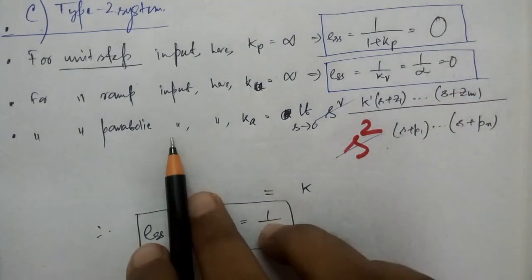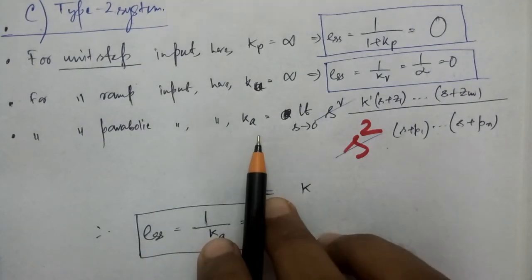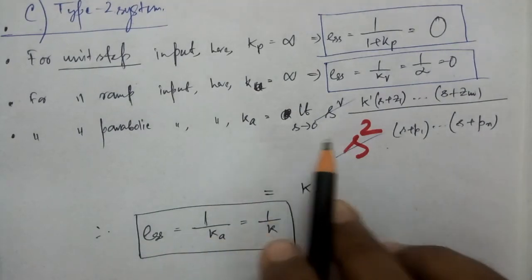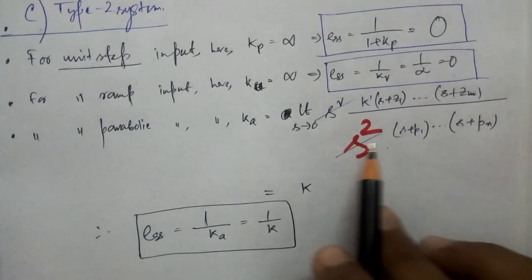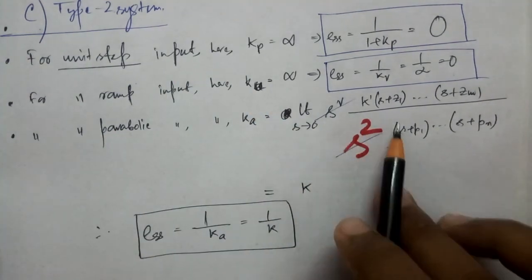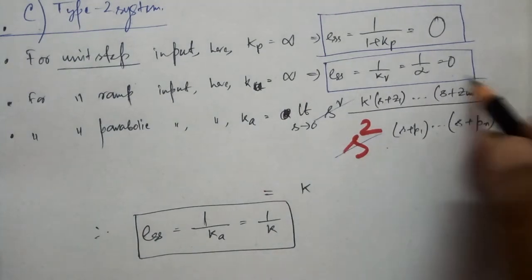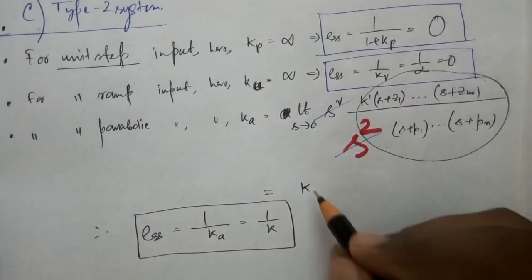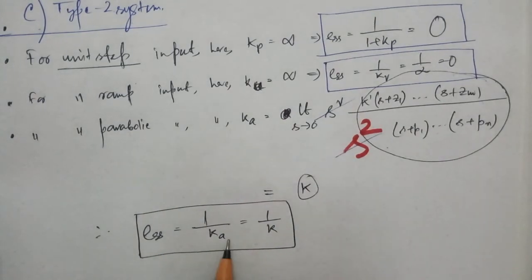Only for parabolic input, that is Ka, it is limit s tends to 0 of s square G(s). In G(s), in the denominator it is s square too. For type 2, at the origin there are 2 poles. The s square term will be cancelled. So this whole term we are actually taking as K. So the steady state error will be 1 by K.